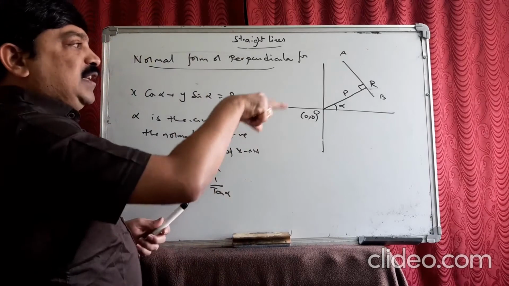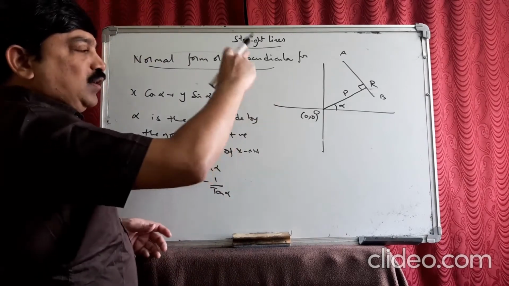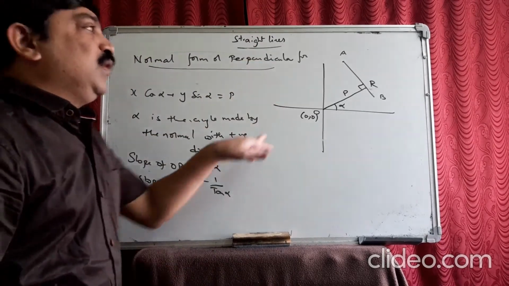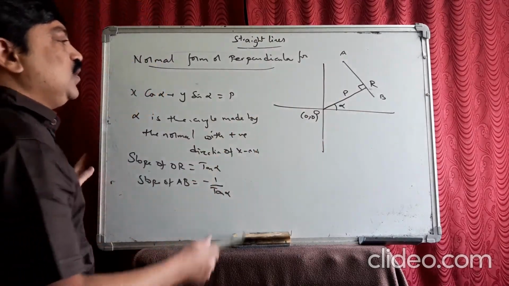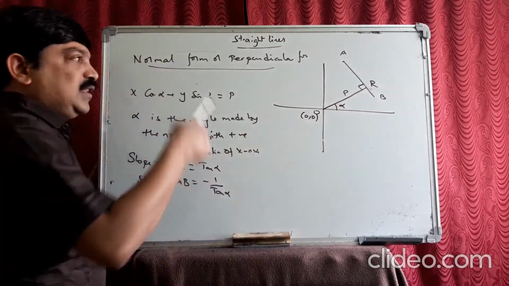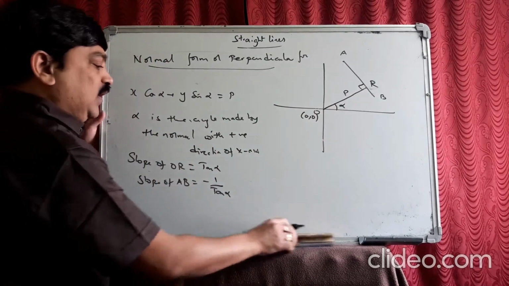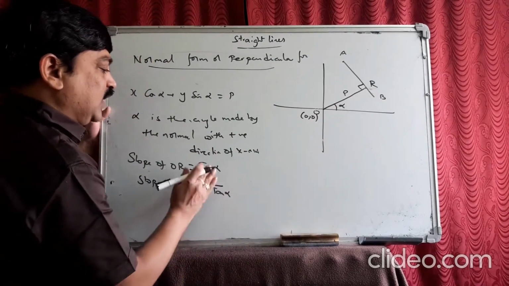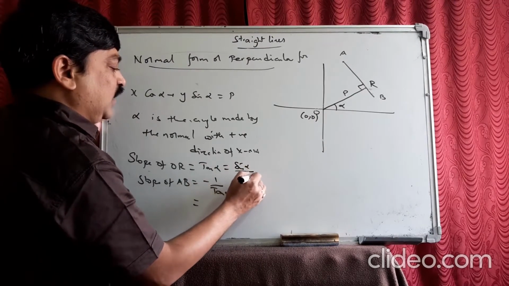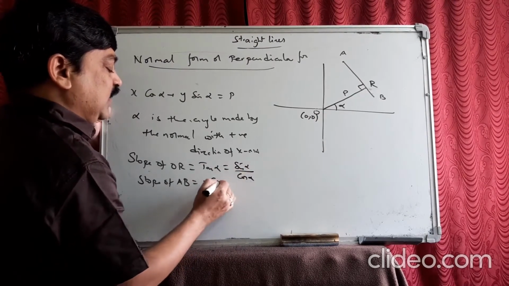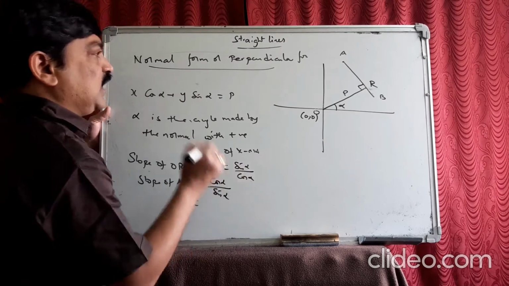See here AB is perpendicular to OR, so the product of the slopes should be equal to minus 1. If one slope is 2, the other slope will be minus 1 by 2. So if the slope is tan alpha, the other slope will be minus 1 by tan alpha. Let us write in terms of cos and sine. Suppose I take this as sine alpha by cos alpha, you can write this as minus cos alpha by sine alpha. Okay.